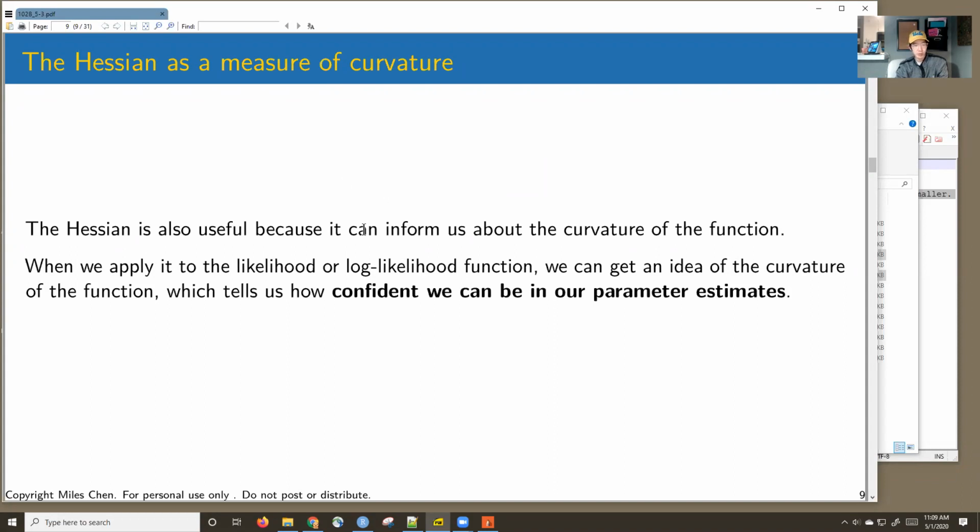Okay, when you apply the Hessian matrix to the likelihood or the log likelihood function, the curvature can tell you how confident you can be in your parameter estimates. So learning about the curvature of a function can also inform you about how confident you can be in your parameter estimates.